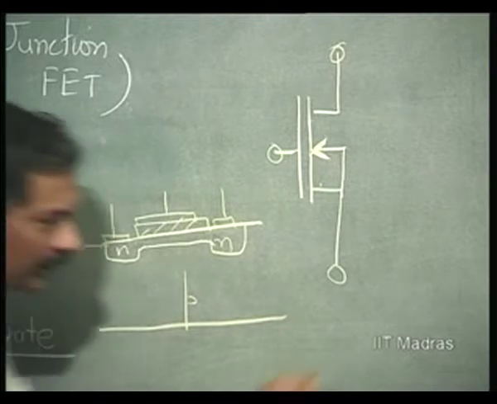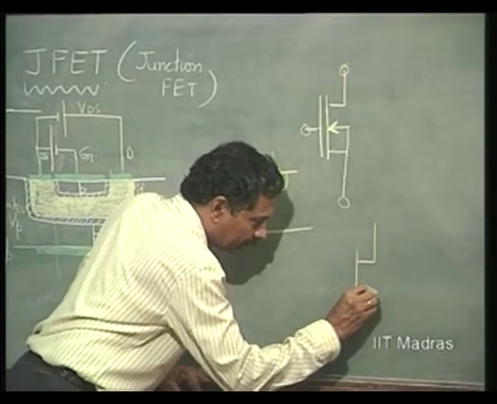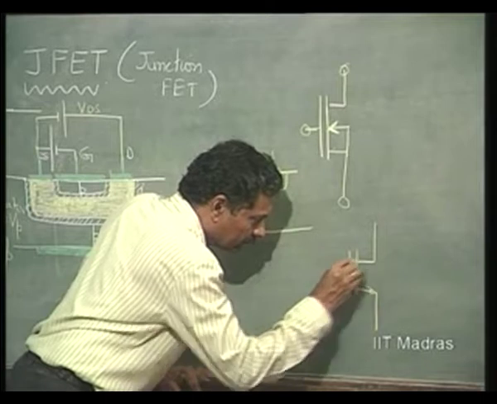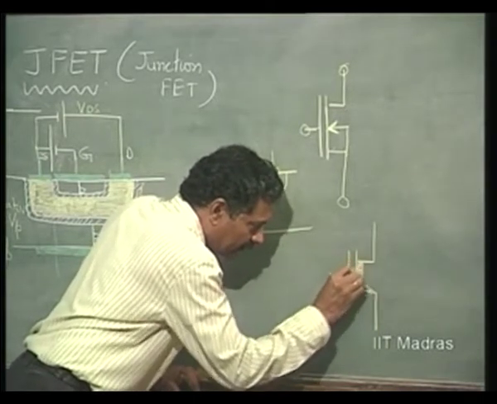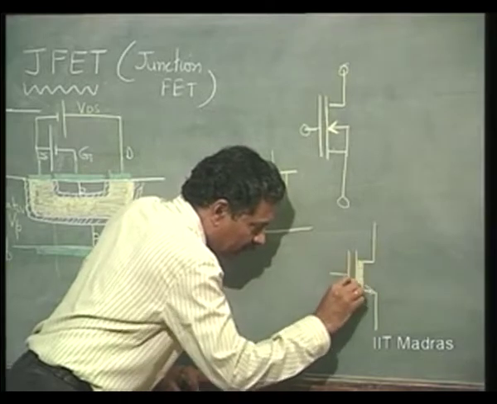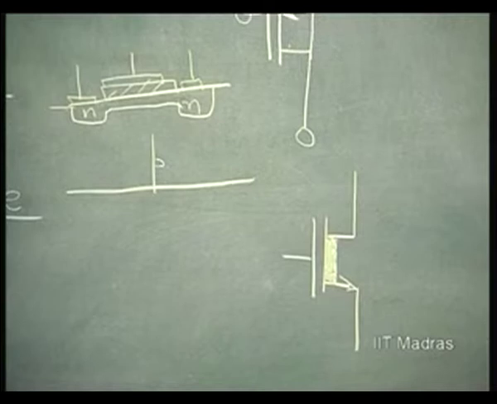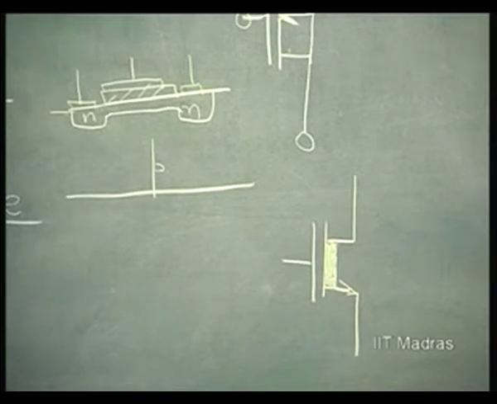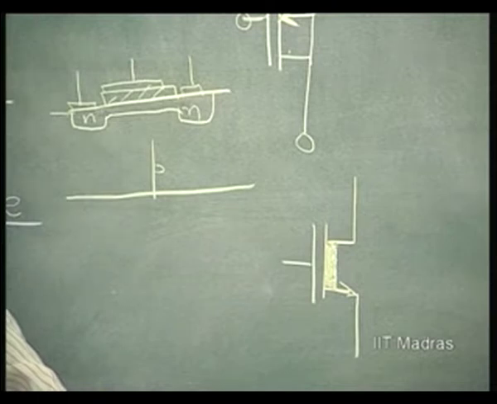So, like the other case, the symbol is indicated saying that this is already having a diffused channel. This shaded portion indicates a diffuse channel already existing.